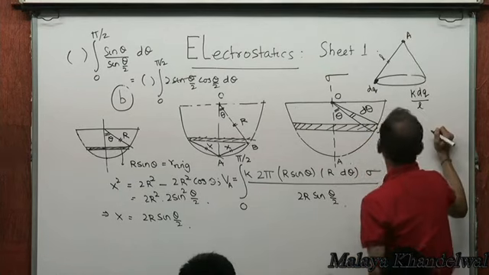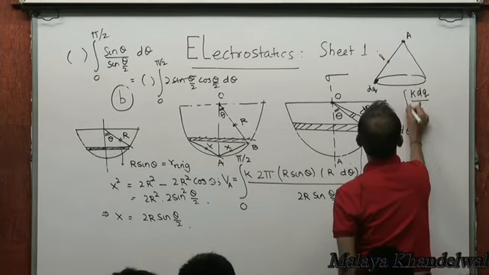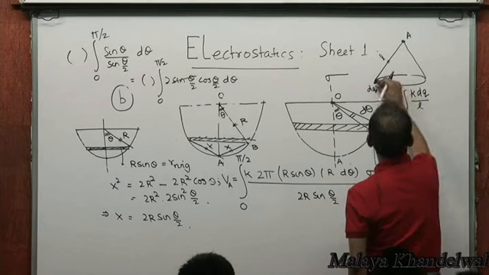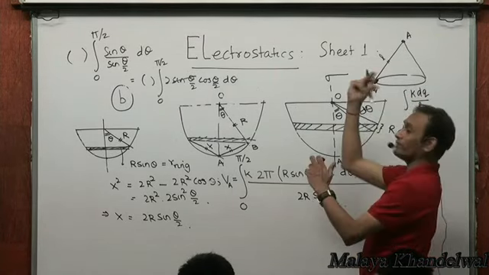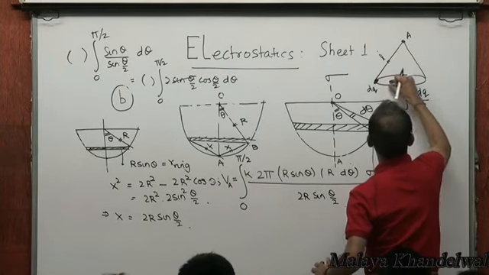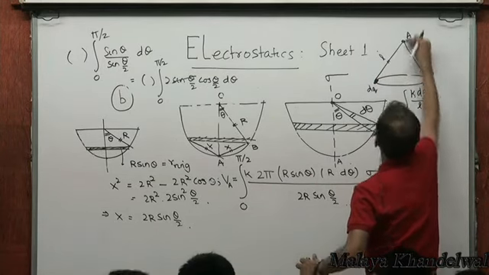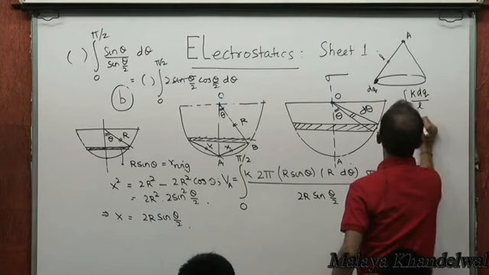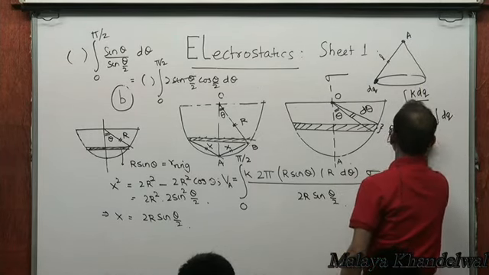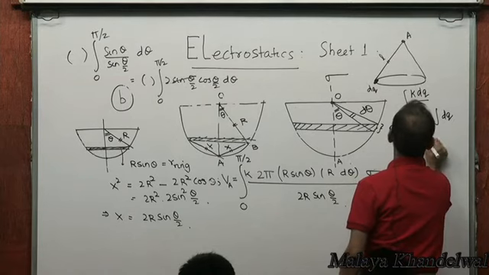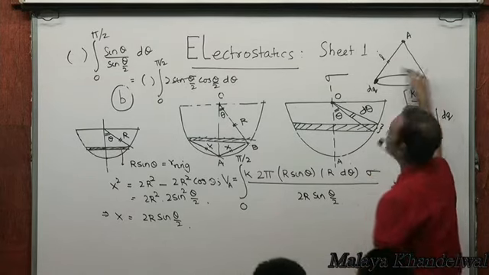Yes or no? The total potential at A would be the sum of all of this, and for all the dq's that constitute this ring, L would be the same. You'll have the same distance L from various elements that constitute the ring to the point A. So this is going to be K by L integral dq. Integral dq is the total charge. So this is going to be K by L into the total charge Q on the ring.